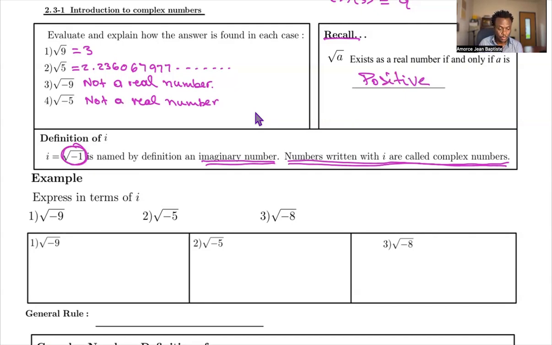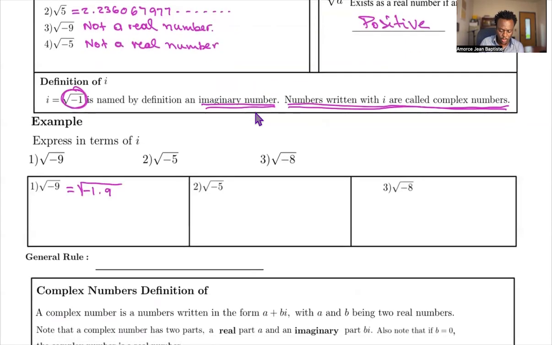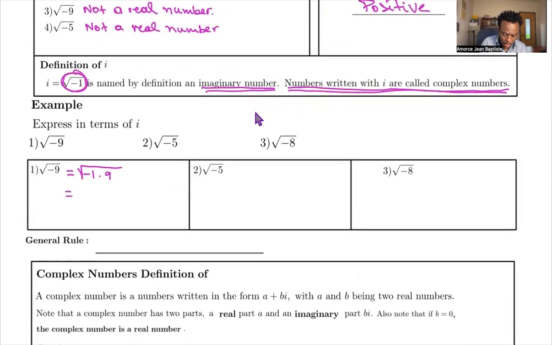So the square root of -9 can be written as the square root of -1 times 9. If we separate the radical, it would be the square root of -1 times the square root of 9. The square root of -1, we know this is i, right? So that's i times the square root of 9, and the square root of 9 is 3. So basically, the square root of -9 is 3i.